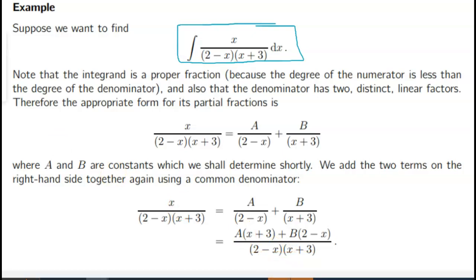So on this side, I will have x on the top, (2 minus x)(x plus 3), and that's equal to that one. Now, they are both equal and the denominators are the same, so I can cancel this denominator and that denominator. And I get x equals A(x plus 3) plus B(2 minus x).